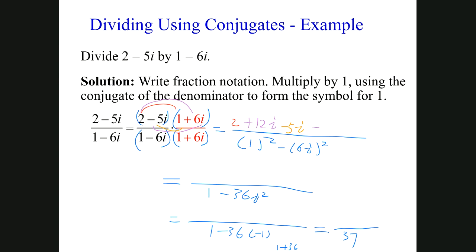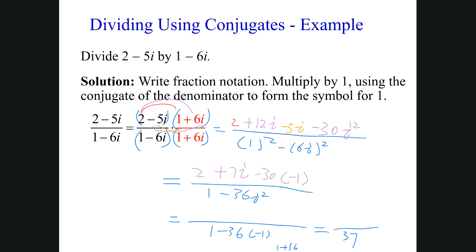So this will be -30i squared. Remember, we have an i here, so it'll be i squared. Now combine like terms: 12i minus 5i is 7i. And then minus 30 times i squared, and remember i squared is -1.